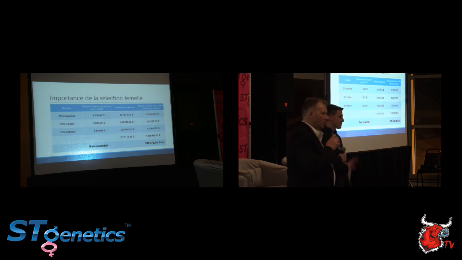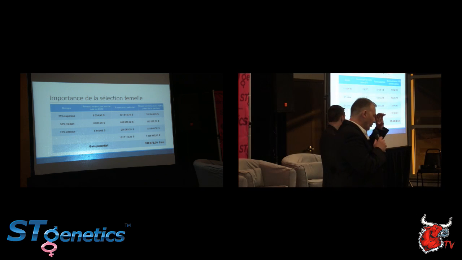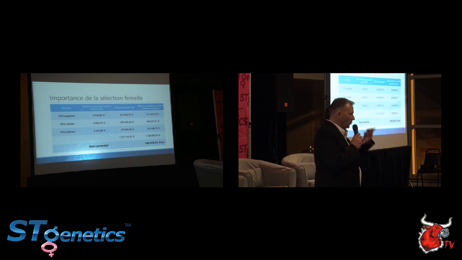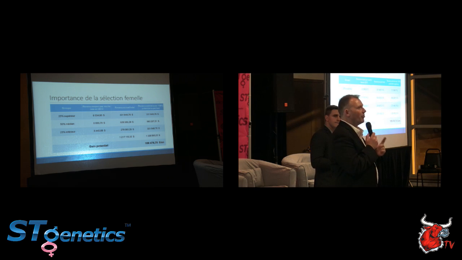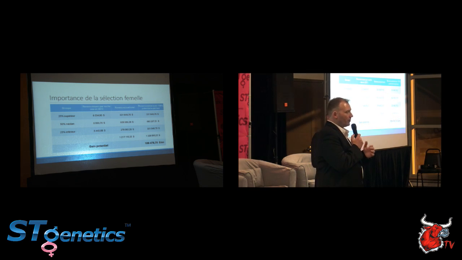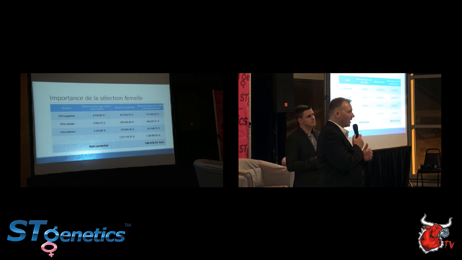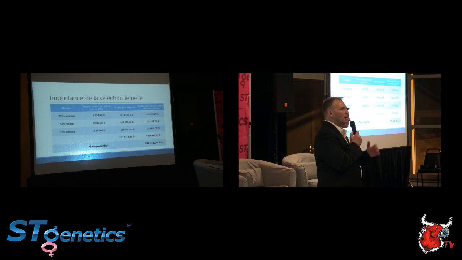So Nicholas, through the slide up on the board, is trying to express that yes, we've been focusing on the males and using the right genomic males with the right criteria based on the philosophy of the farm and the objectives. But he said one thing is very important to him and his farm, and this is the objective of this slide: demonstrating the revenue impact once you select where you're going to put your top end bulls.